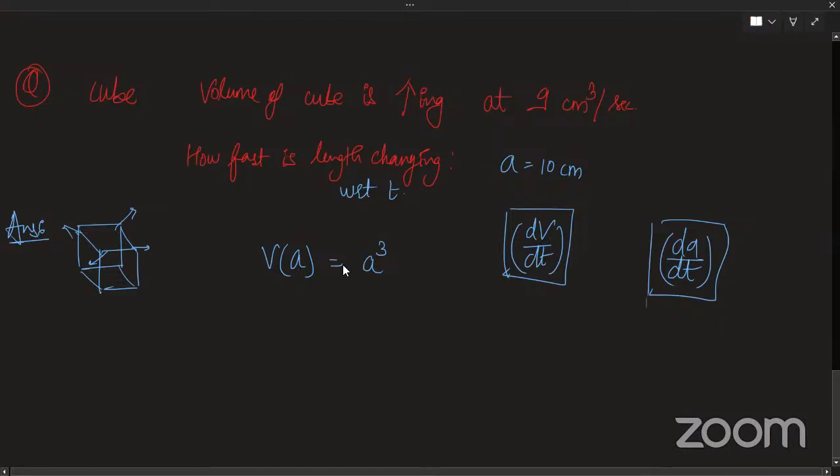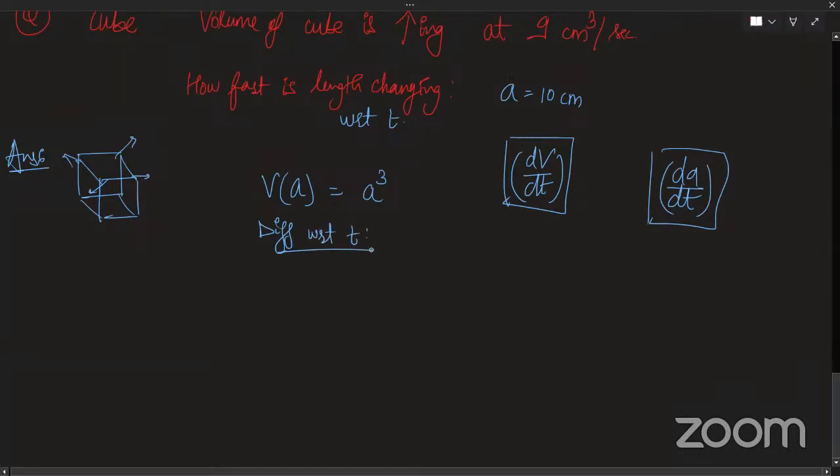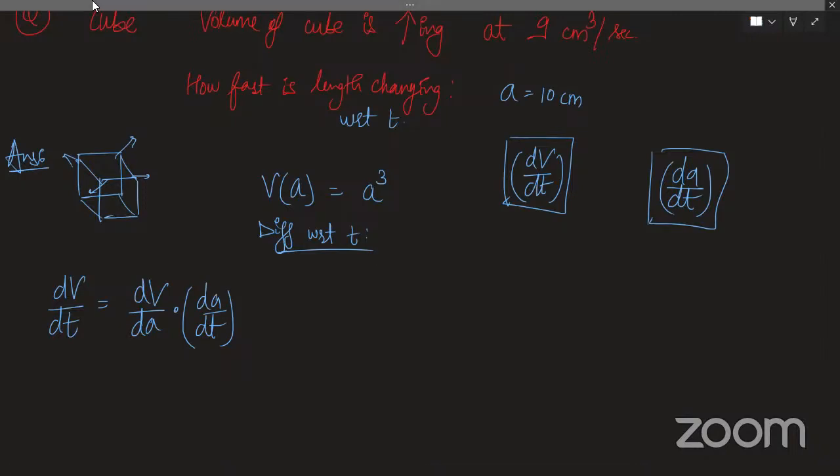What should I be doing to this equation? If I differentiate this equation with respect to time t, can I do it as dV by dA into dA by dt? Is this correct?